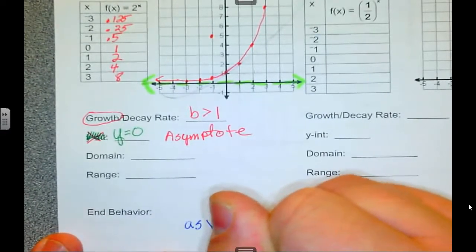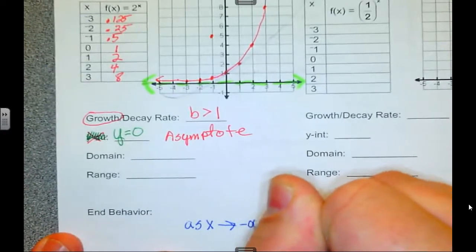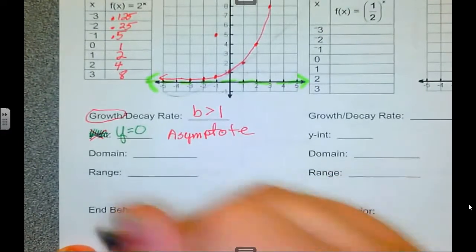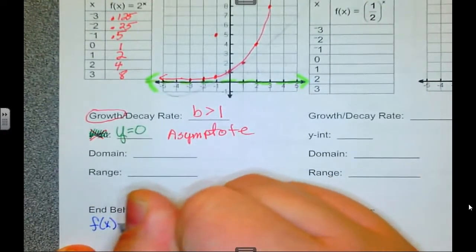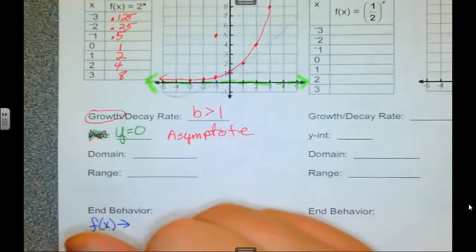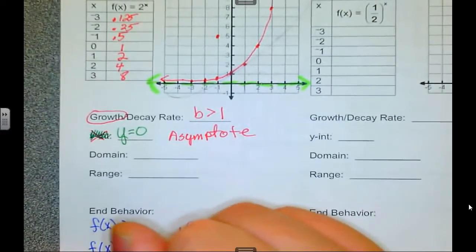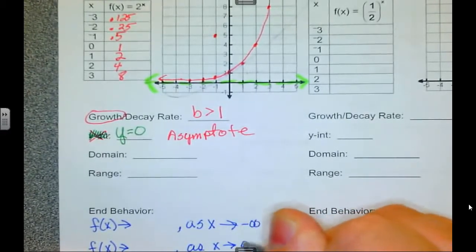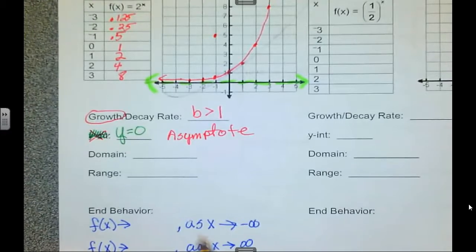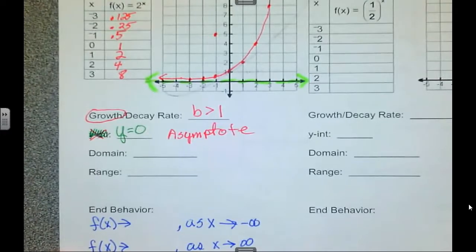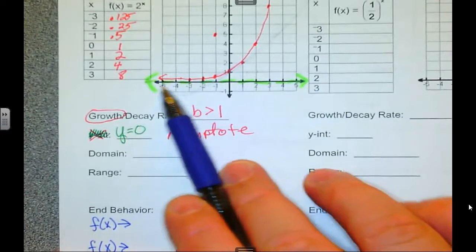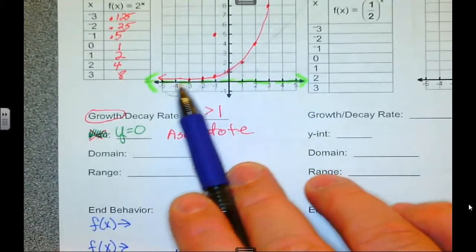As my x approaches negative infinity, or in other words, as x goes to the left, what happens to y?